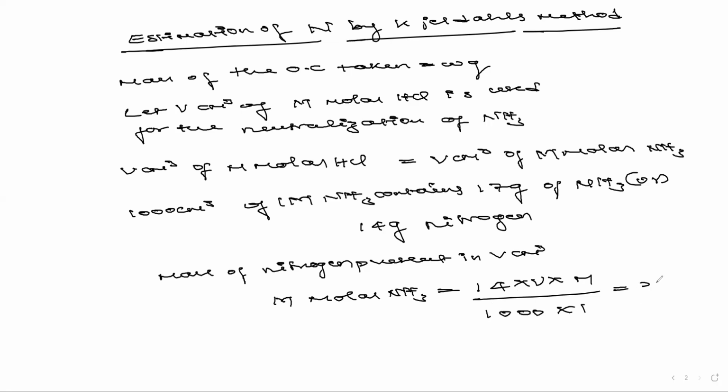So this is recorded as X gram. Therefore, percentage of nitrogen is equal to X divided by W into 100.